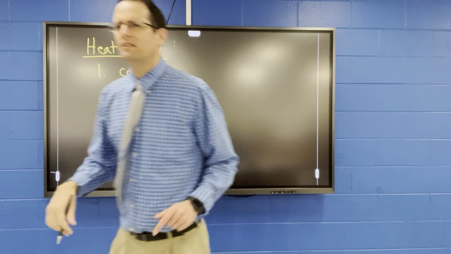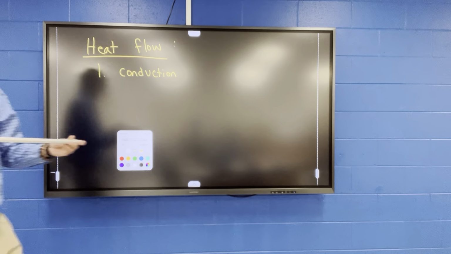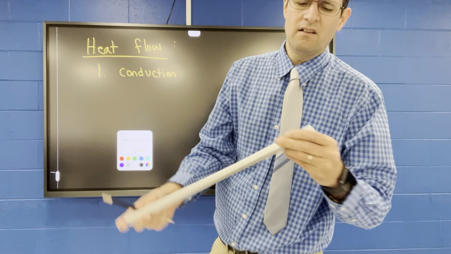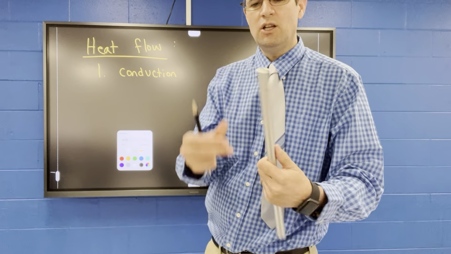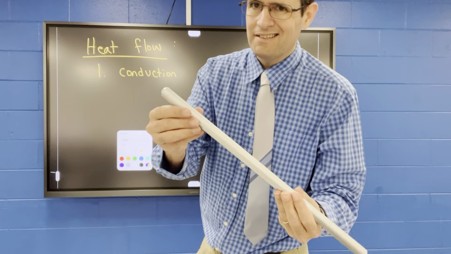Let me see if I can find this over here. Well, I'll just use this. This is a fairly large diameter aluminum rod, and aluminum is a metal, it's a conductor.